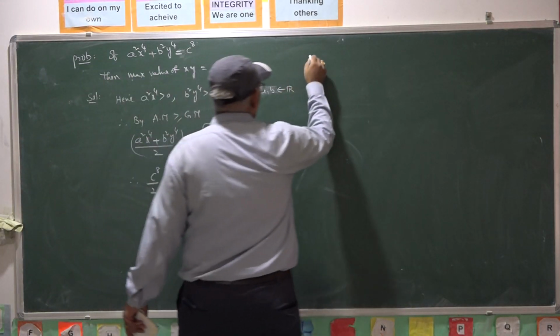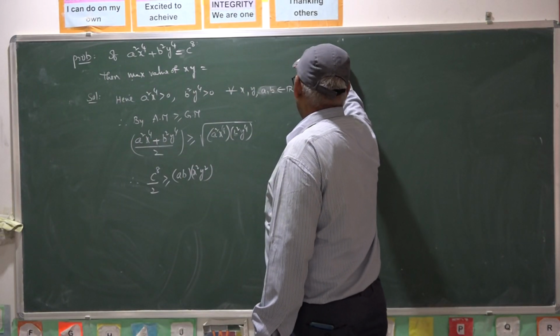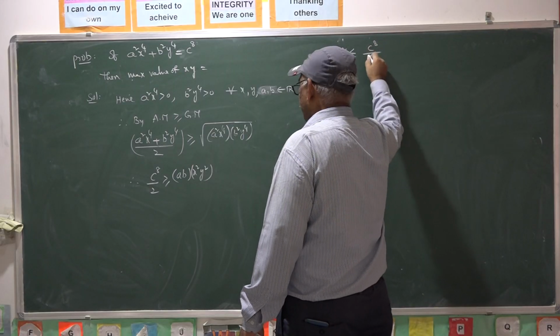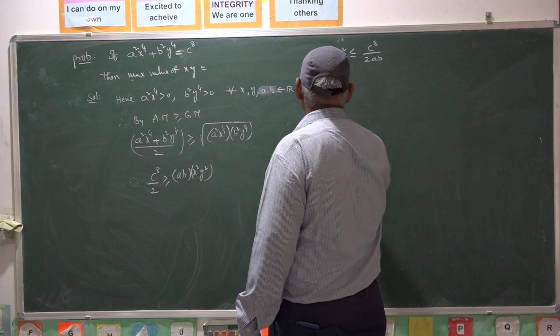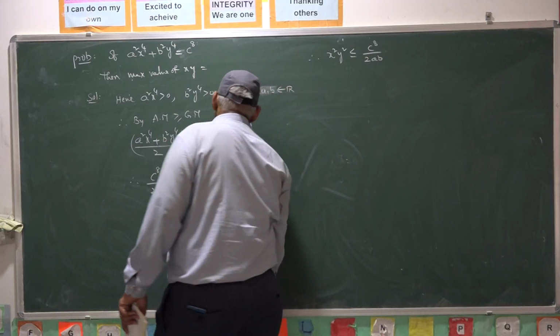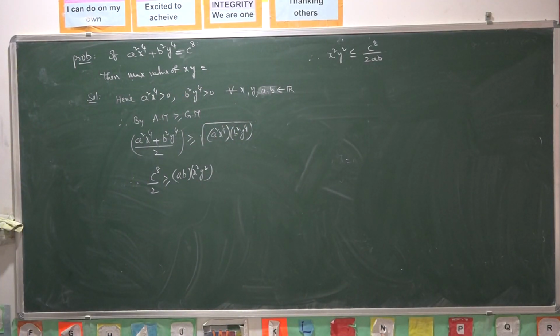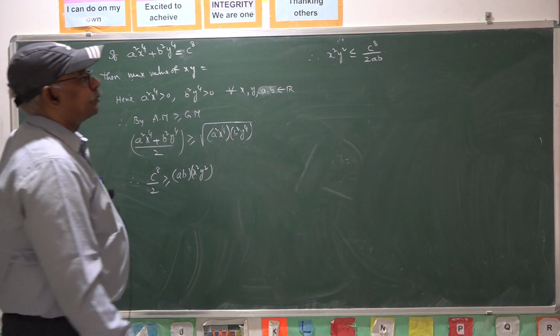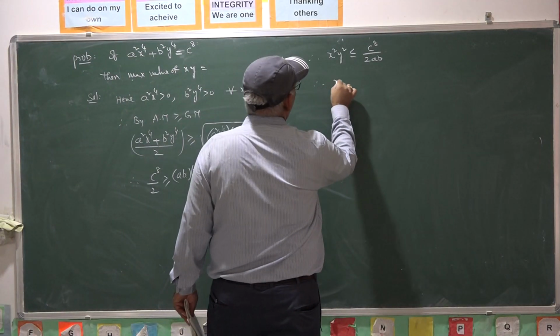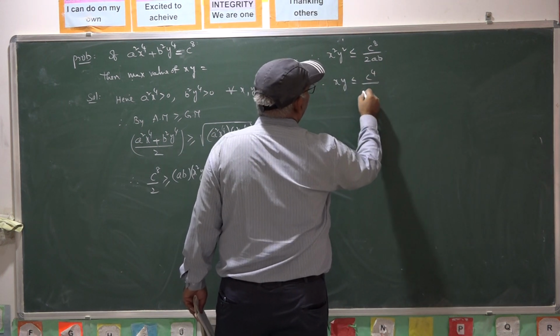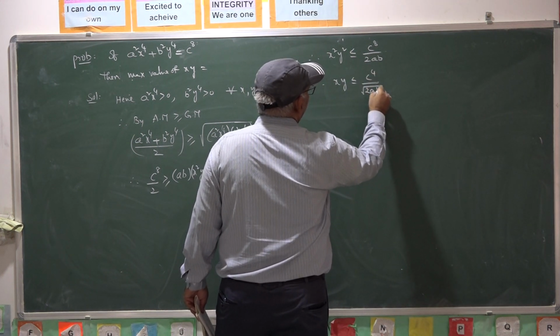Therefore, x square y square is less than or equal to c power 8 by 2ab. Hence, xy is less than or equal to c power 4 by square root of 2ab.